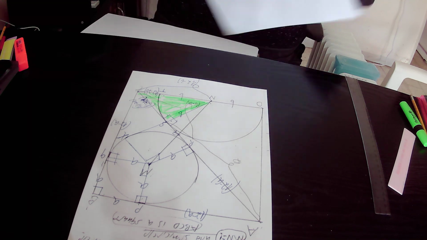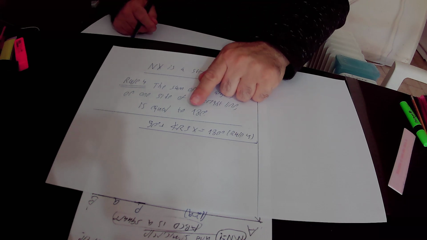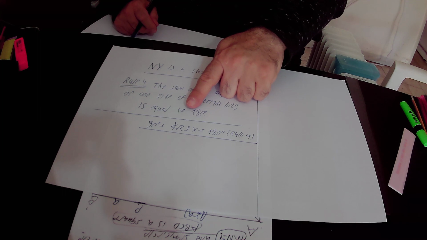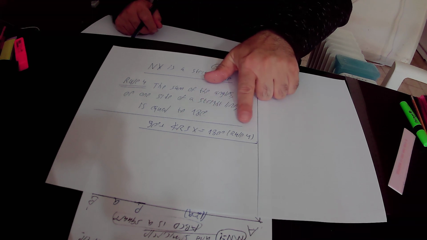I repeat again, the sum of the angles on one side of the straight line NX at point S must be equal to 180 degrees. That is to say 90 degrees plus the size of angle RSX. In total they must be equal to 180 degrees according to rule number 4.